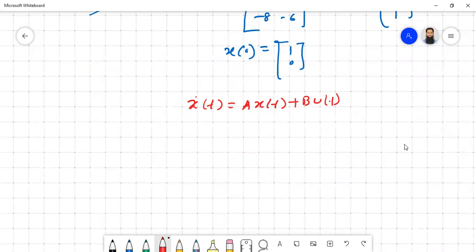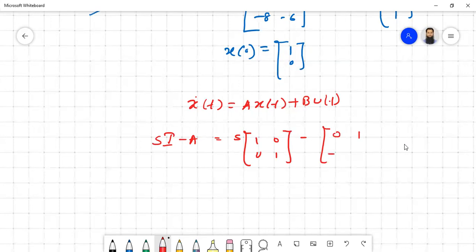The poles are nothing but the eigenvalues, or basically the determinant of (sI minus A). So we have to figure out sI minus A first: s times [1, 0; 0, 1] minus [0, 1; minus 8, minus 6], which is [s, minus 1; 8, s plus 6].